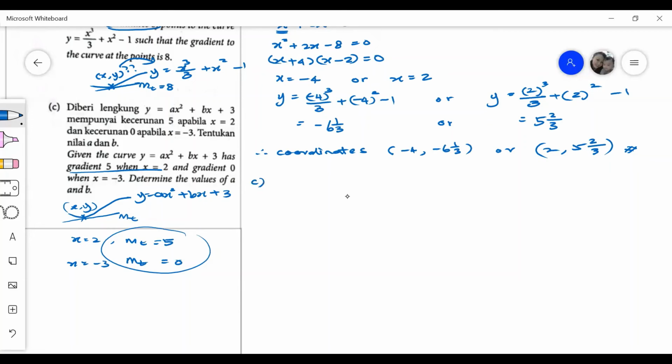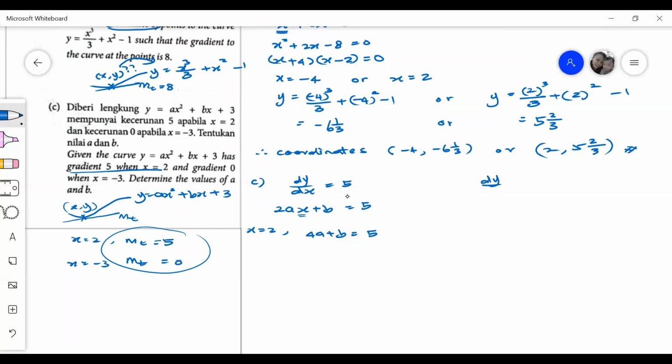Okay, part C. Let's use this one. dy dx equals 5. So how do I differentiate? Bring down the power to the front. So we have 2ax plus b equals 5. And that is when x equals 2. So we substitute in the x there. 4a plus b equals 5.